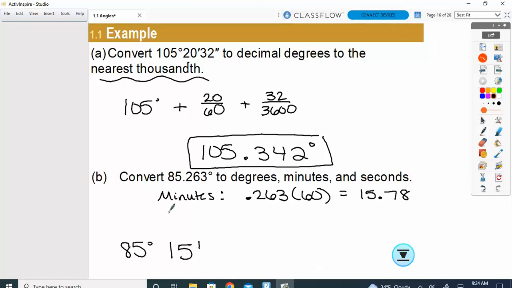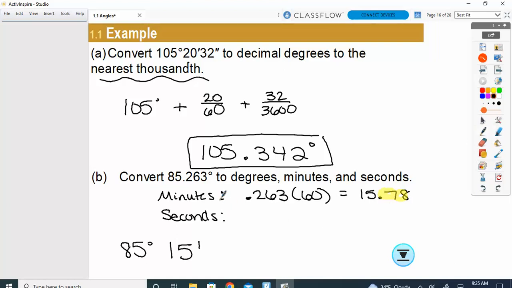Now we want seconds. So we have 0.78 of a minute here. So we're going to use this decimal. Okay. But that's minutes.